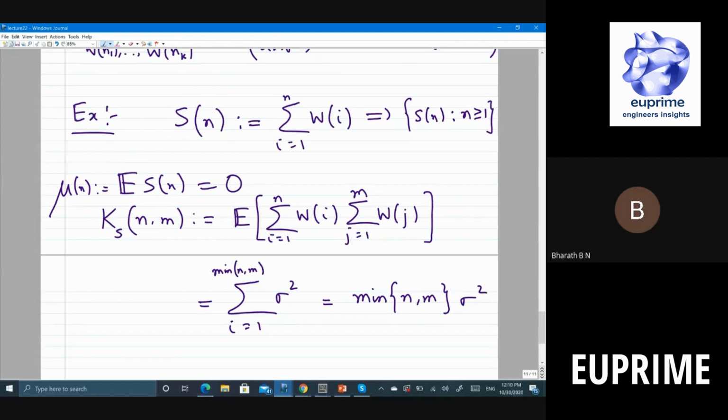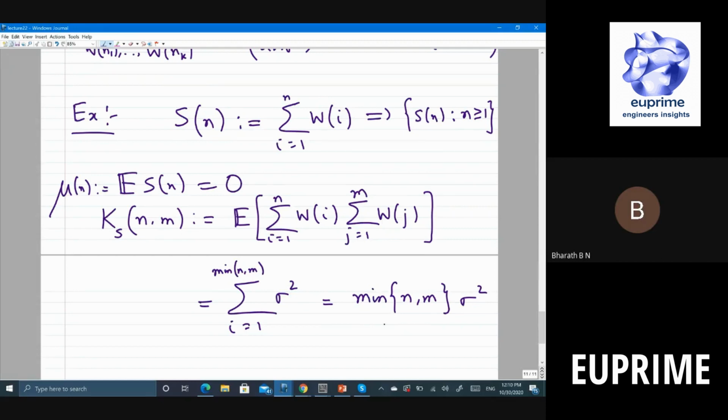The covariance of n comma m is whichever is the minimum, n or m, times the variance. Is this fine?